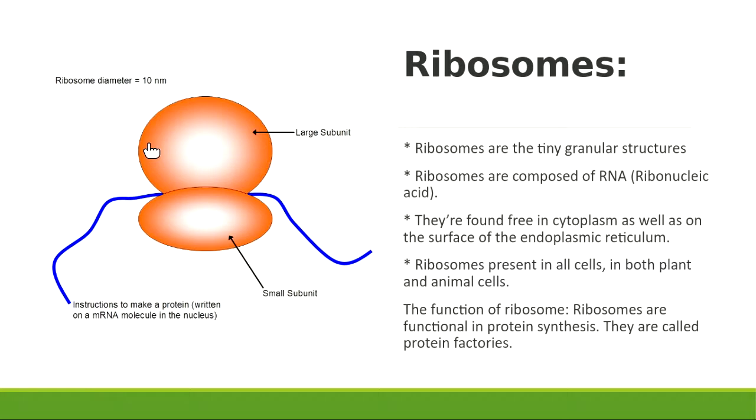This is the typical protein chain being formed by the ribosomes, and these ribosomes have two main parts: a larger subunit and a smaller subunit. The ribosome is formed by ribosomal RNA, and these ribosomes are produced in the nucleus with the help of the nucleolus.